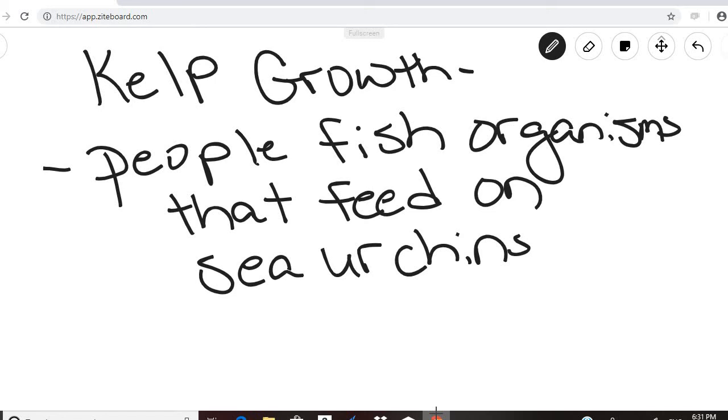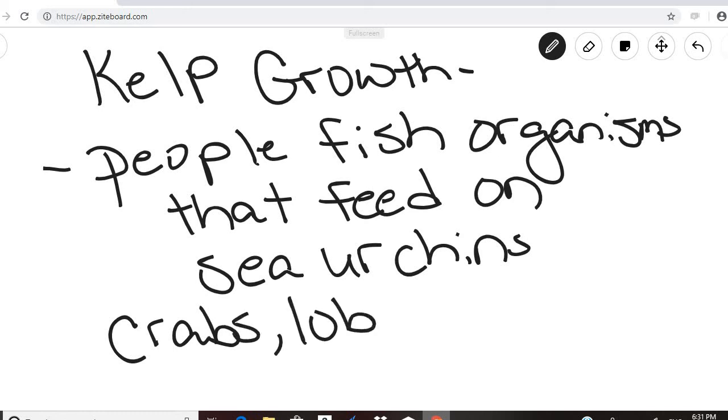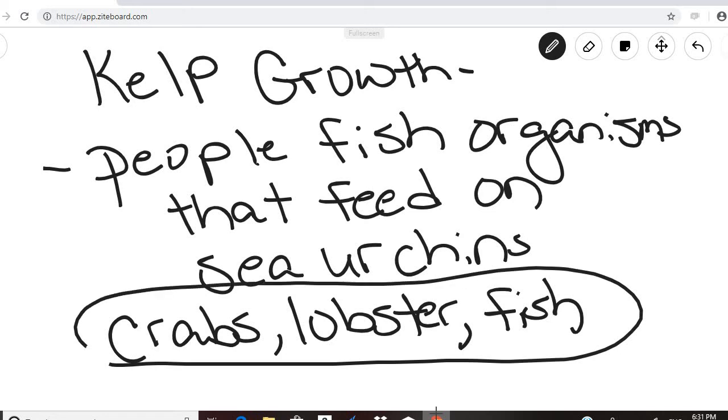So what feeds on sea urchins? Well, crabs, lobsters, different types of fish. So as we remove these, there's less feeding on the sea urchins, and the population of the sea urchins will increase.